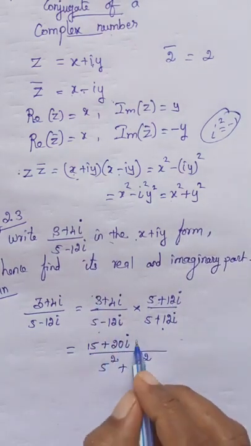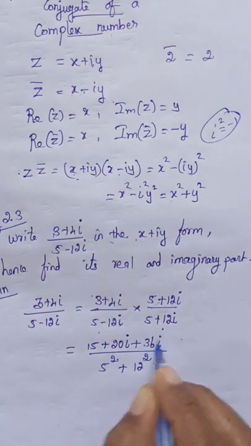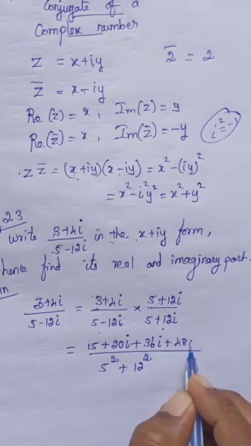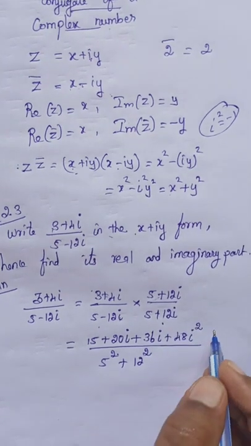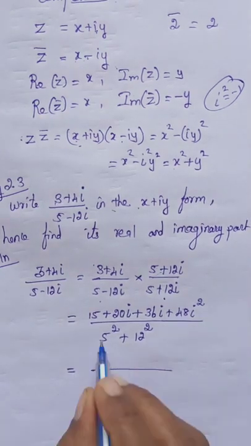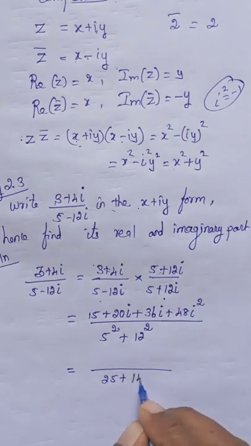Now 3 into 12i, 36i. Now plus 4 into 12, 48, i into i is i square. We know the value of i square is equal to minus 1. Here the denominator is 5 square, 25, plus 12 square, 144.